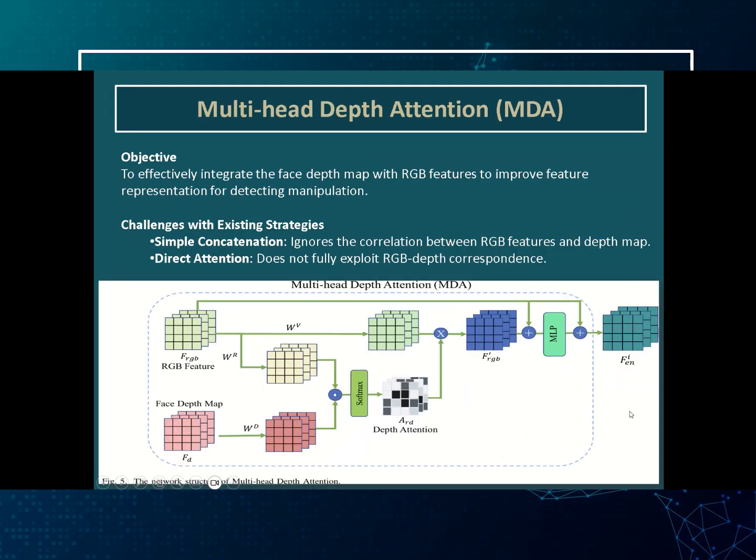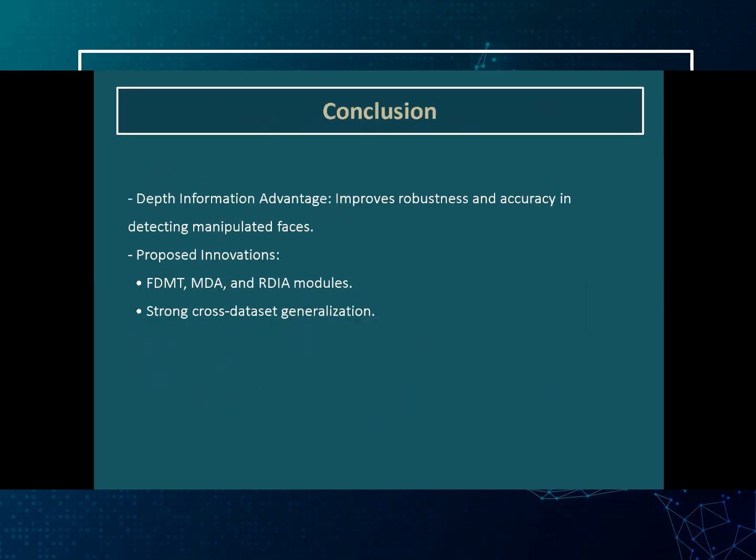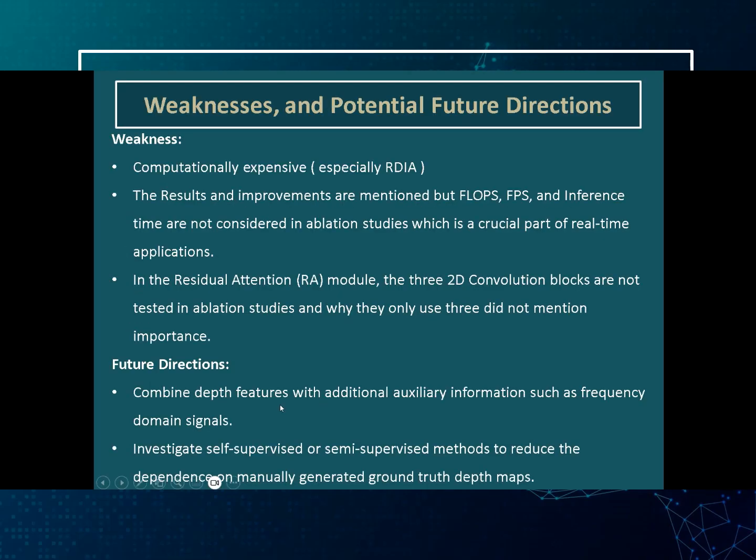So even MDA, they both are highly computationally expensive. And again, the results and improvements are mentioned, but the FLOPs, the frames per second, and the inference time, they didn't mention.